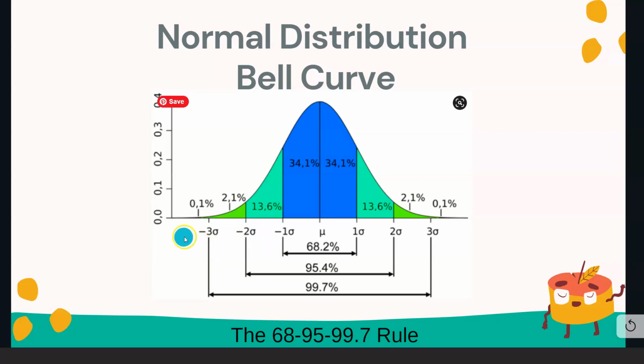And when we talk about standard deviation, which is shown here on the bottom line, you have the mean in the middle, and then you have a standard deviation of 1 above the mean and below the mean. With a normal distribution, the standard deviation is going to represent this population of data that centers around the mean.